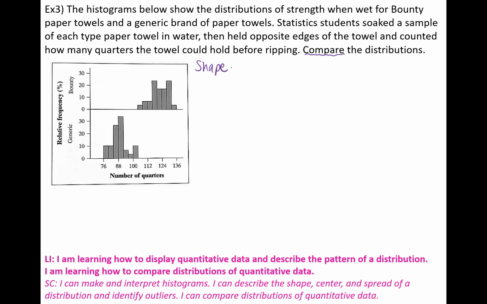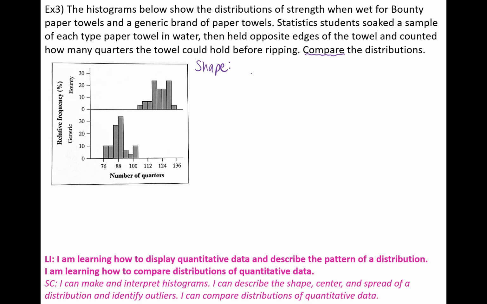Here we go with shape. If we look at the two shapes, it looks like my Bounty is fairly symmetrical, maybe a little bit askew to the left. And then my generic looks fairly symmetrical. I think it's fairly symmetrical.